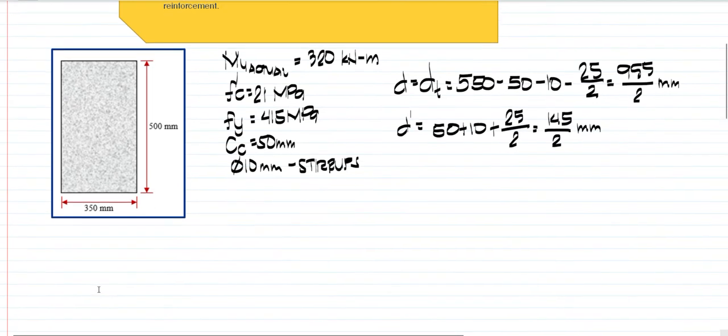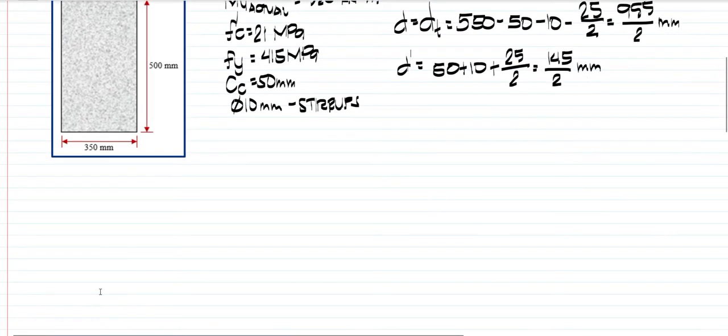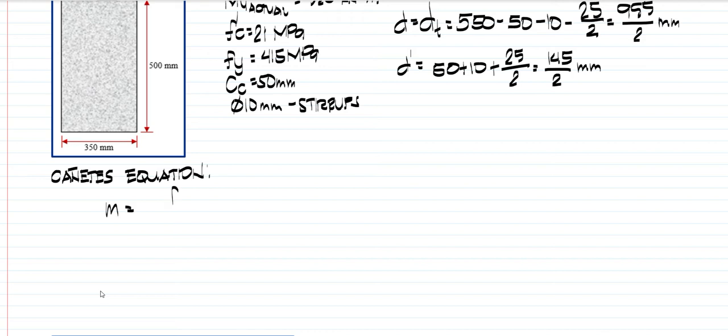Ngayon, gamitan natin siya ng Cañetes equation para makuha natin yung required steel ratio niya. So, using the Cañetes equation, for the steel ratio, we could have m is equal to fy over 0.85 of our f'c.